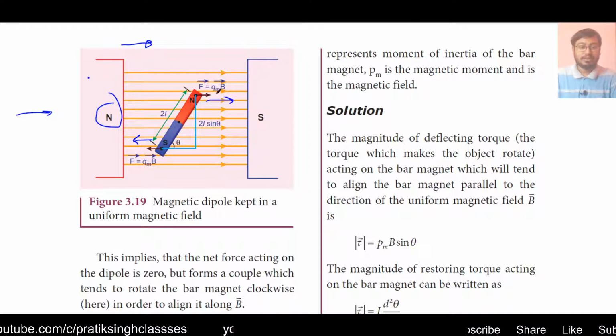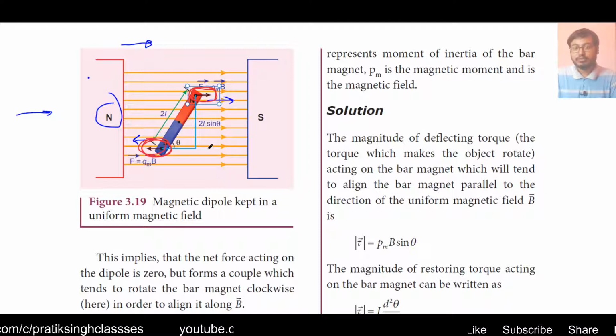Here you can see this force is towards the right hand side, from left to right, and this is because of the attractive force. The force at the south pole is towards the left hand side. So this is all about the configuration of how the bar magnet is kept in a uniform magnetic field.